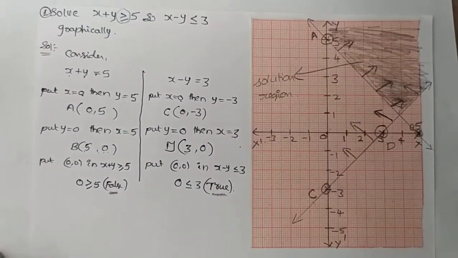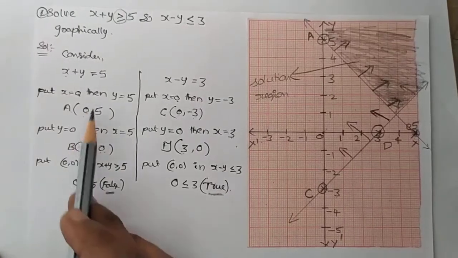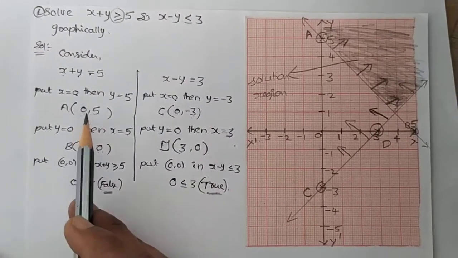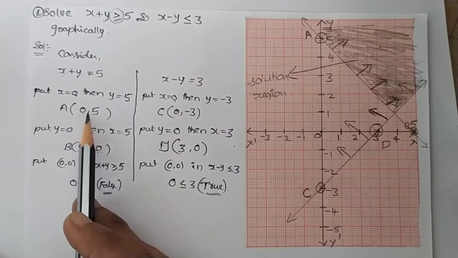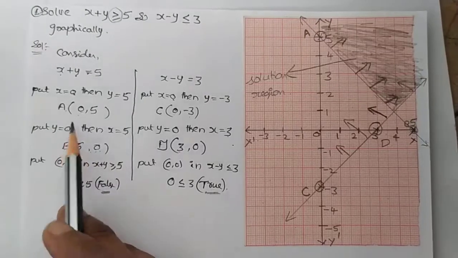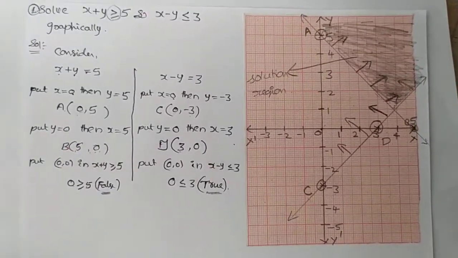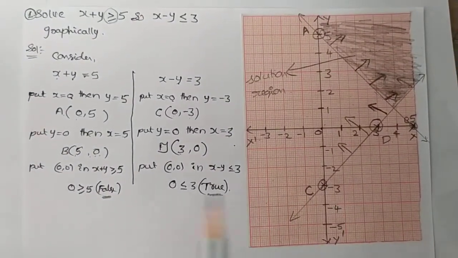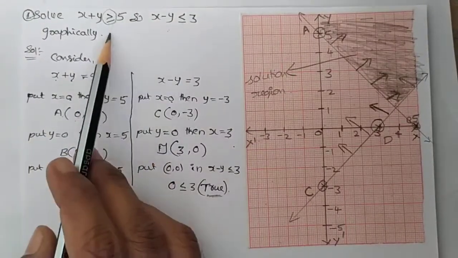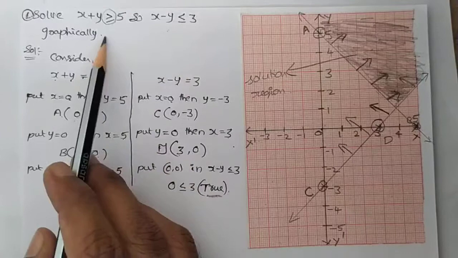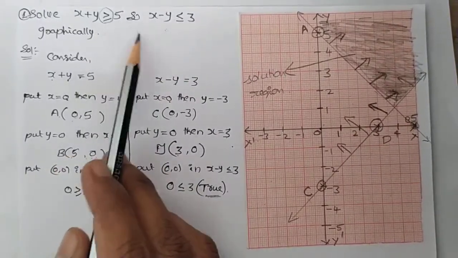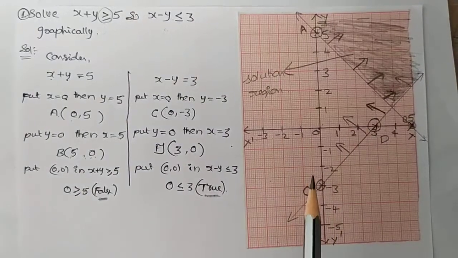Nothing new I have done. These are the steps we already know. We already discussed them in our previous classes, and we have also solved many questions of this kind. Here we have two inequalities at a time, so we are solving these two inequalities in one graph.